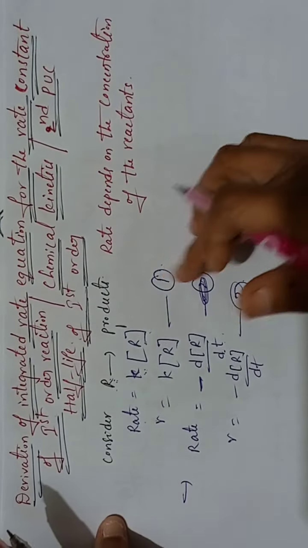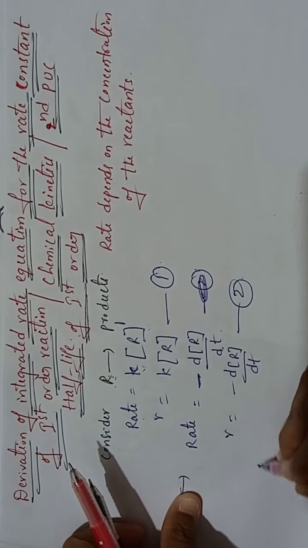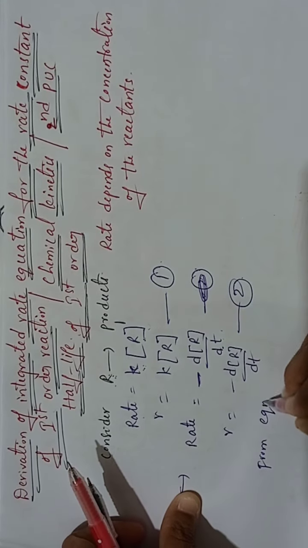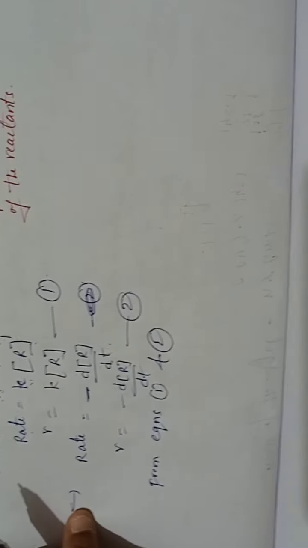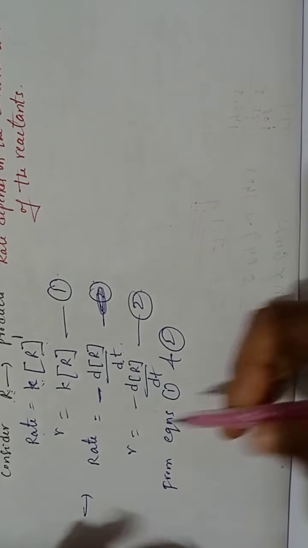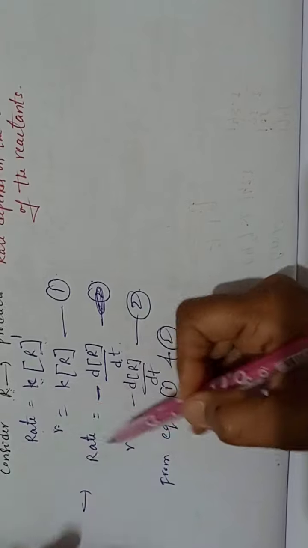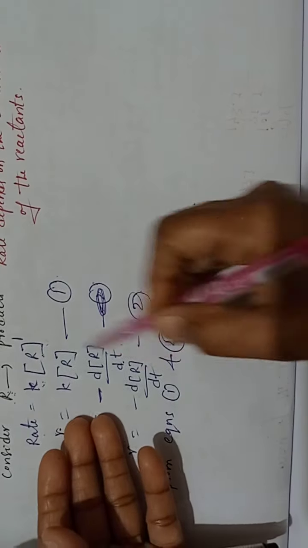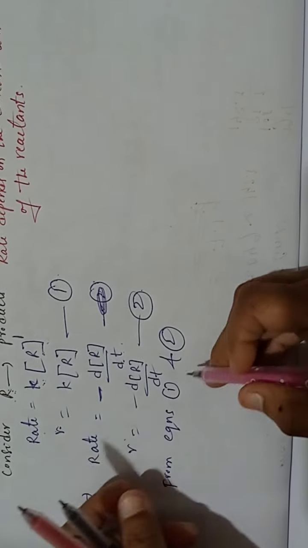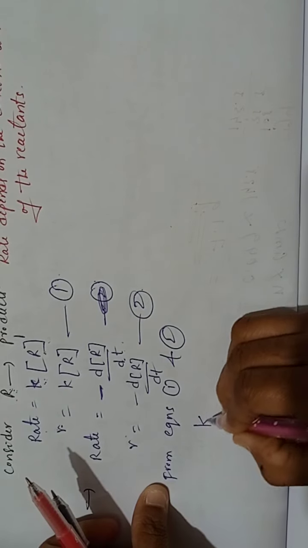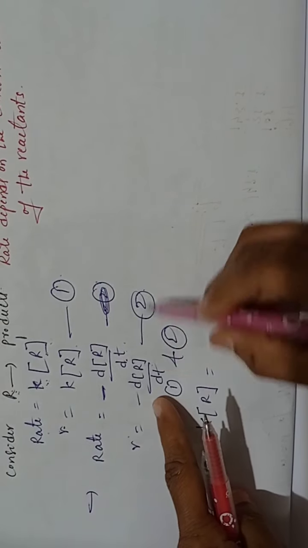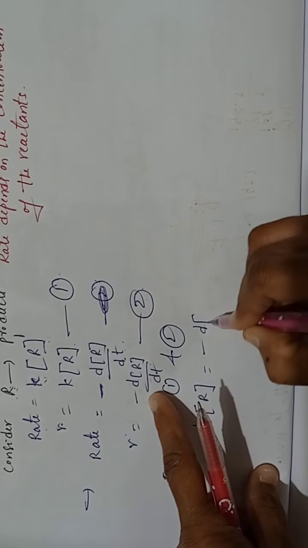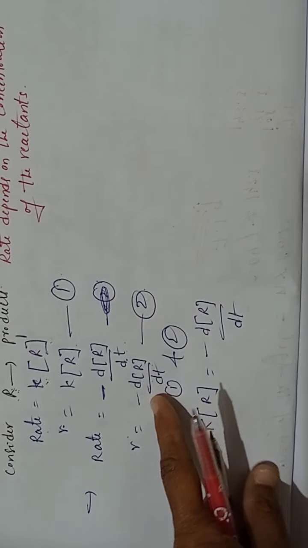Now from equations 1 and 2, what can we write? The left hand sides are both rate only, so we equate the right hand sides. k into R is equal to minus dR by dt. Clear, students?